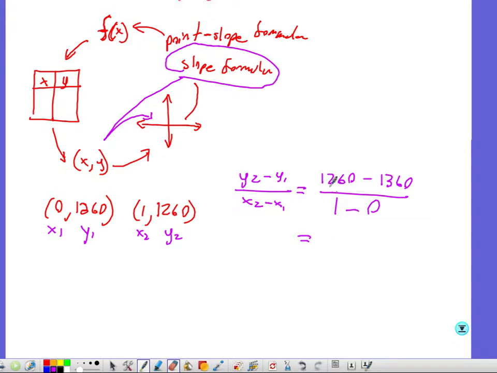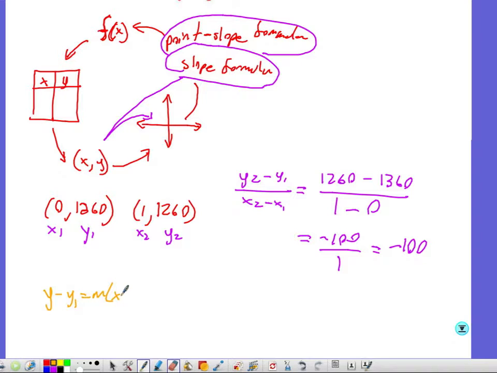If we simplify this, we get 1260 minus 1360, that's negative 100, divided by 1 minus 0, which is 1. And so my slope is negative 100. Okay, negative 100 is just a number. This is not an equation. So in order to get our equation, once we have the slope, we have to use the point slope formula. And the point slope formula is y minus y1 equals m times x minus x1.